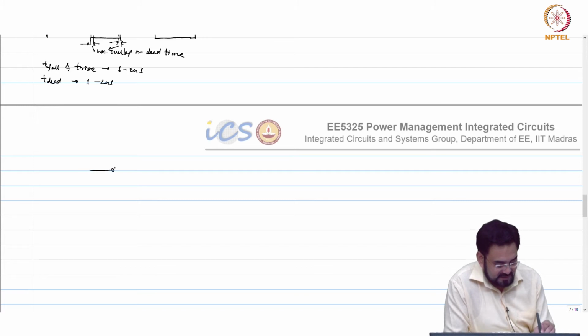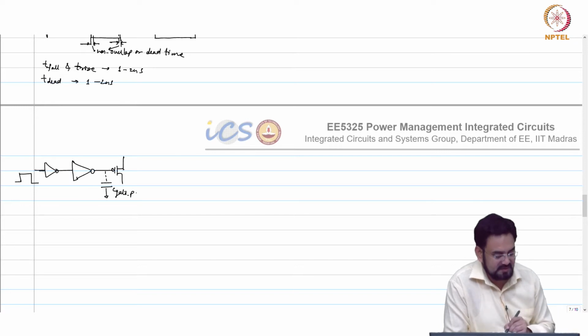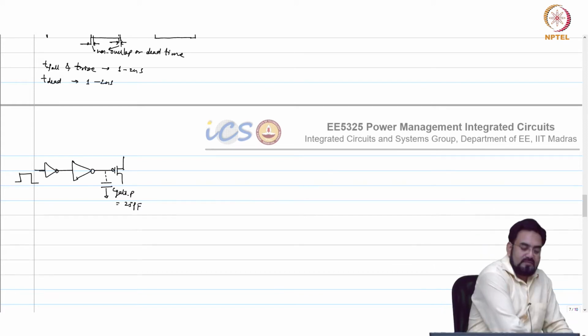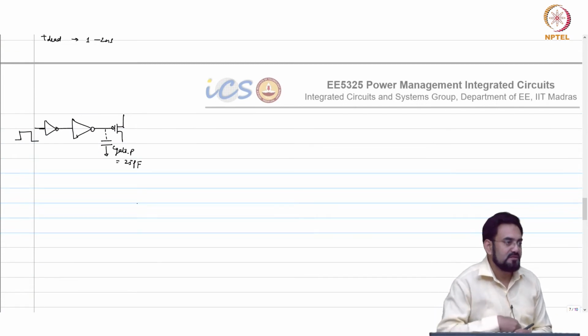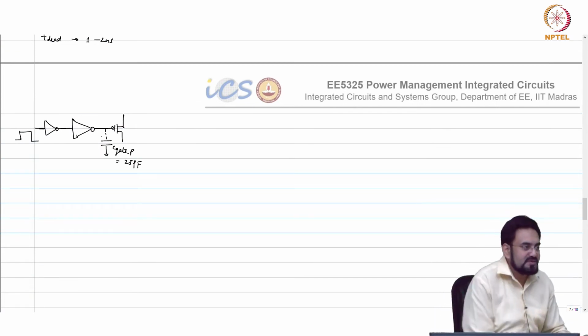So now this FET, if this is your buffer, it means you have two inverters, then you have another inverter, and this is your C gate P. Let's assume this is 25 picofarad. In order to drive 25 picofarad, it will have some RC time constant.